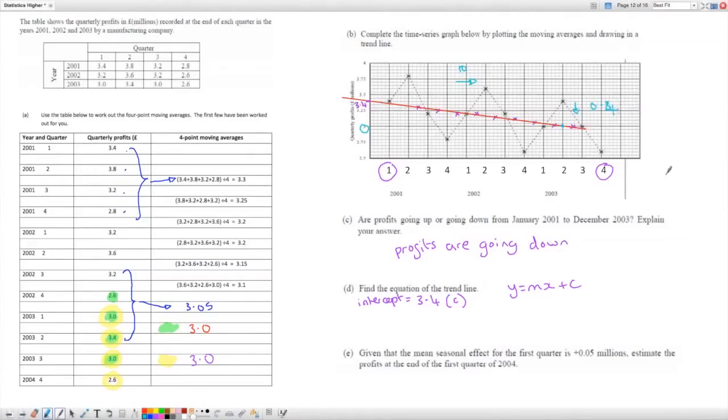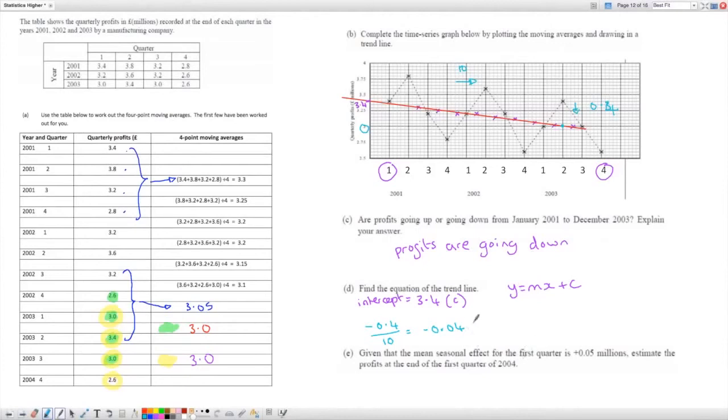So our gradient there is the difference in the y, which is negative 0.4, divided by the difference in the x, which is 10, which gives a gradient of negative 0.04. The important part here is you can just go across 5 or 1, but it's clearer to see by picking 3.4 here, going how far across, and then at the next point that actually crosses here at the line, our trend line going at 3.